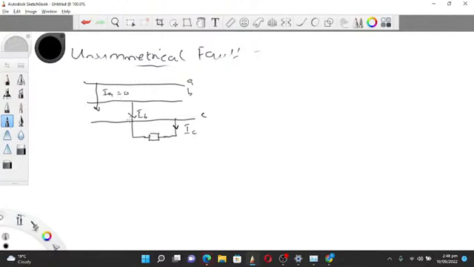And from here, this is just line to line. So there's no ground impedance, right? This ZF is not going to ground. Okay. So from here we can say that IC is equal to negative IB. And from here, we can tell that IB is equal to negative IC or IC equal to negative IB.